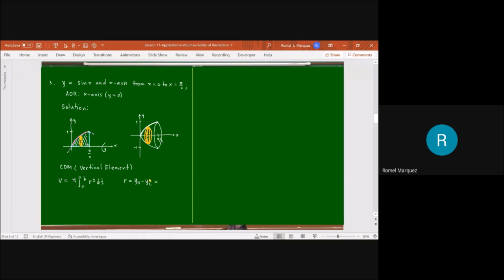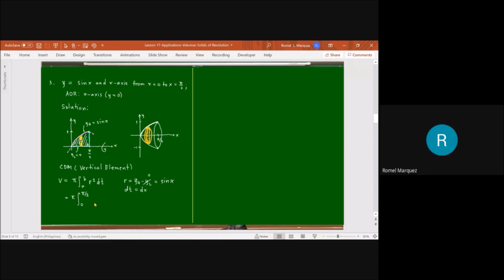What is our y higher? Y equals sine x. Y lower happens to be 0, so we don't need that anymore, no? So we have just sine x. Our dt is dx, because this is vertical. What are the limits? From x equals 0 to pi over 2.